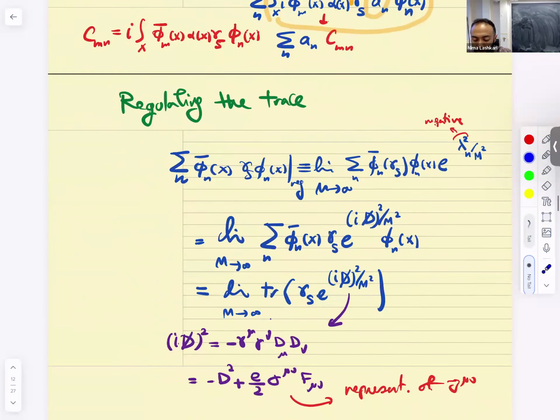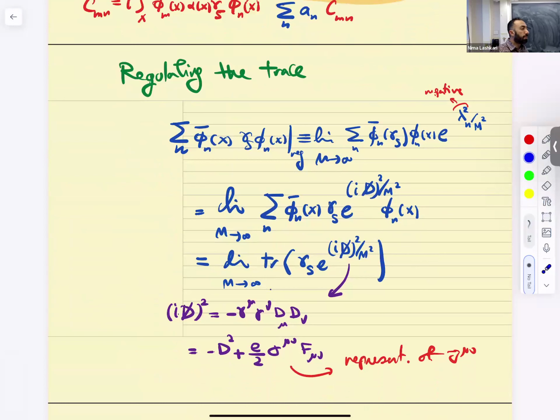Now, this sum is infinite. We've got to regulate this. This blows up, not surprisingly. All right, so here's the expression. The canonical way to regulate this, because these are eigenfunctions of the Dirac operator, is to regulate them by something that exponentially suppresses the eigenfunctions that correspond to larger eigenvalues, right?